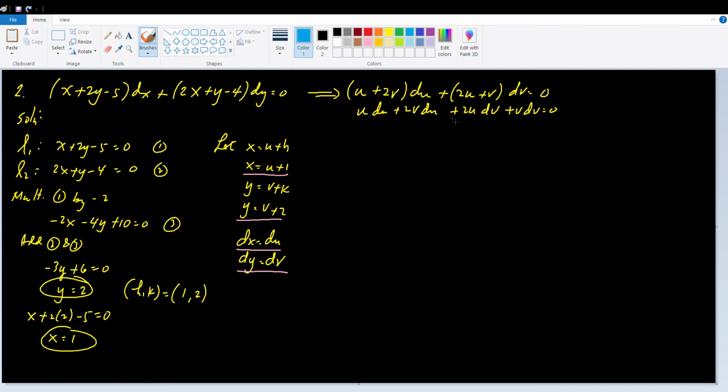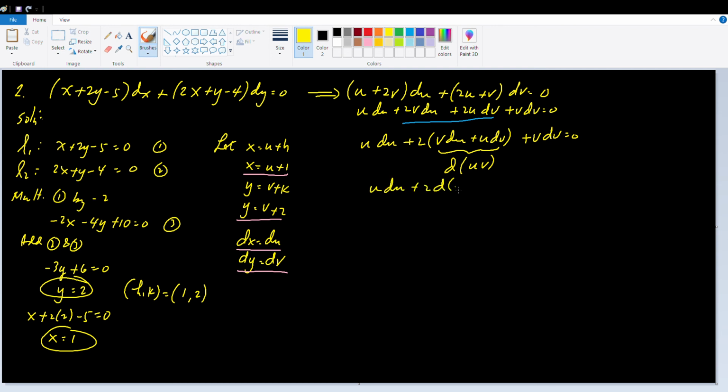If I'm going to group these two, 2v du and 2u dv, we recognize this as the exact differential of uv, right? So u du plus 2 d(uv) plus v dv equal to 0.